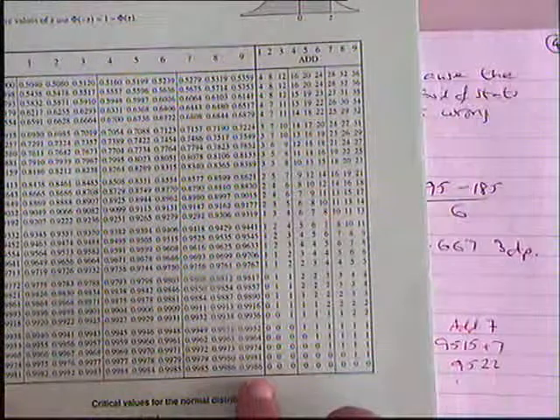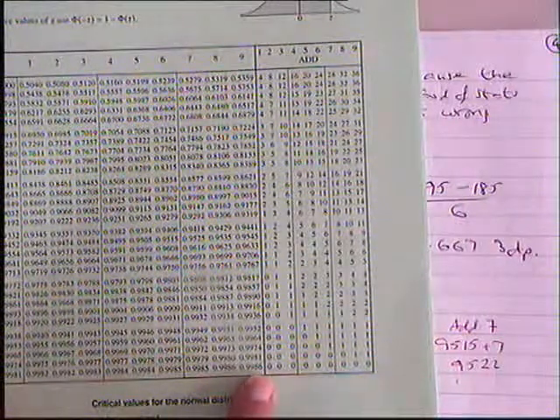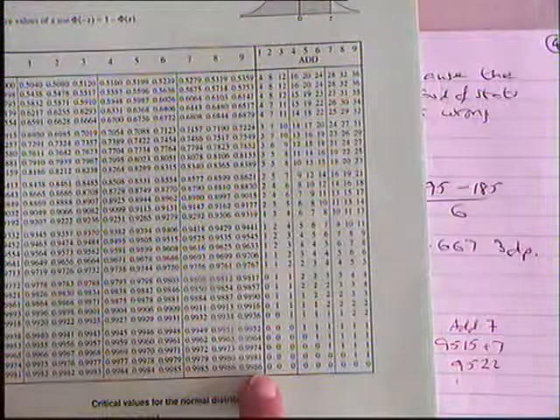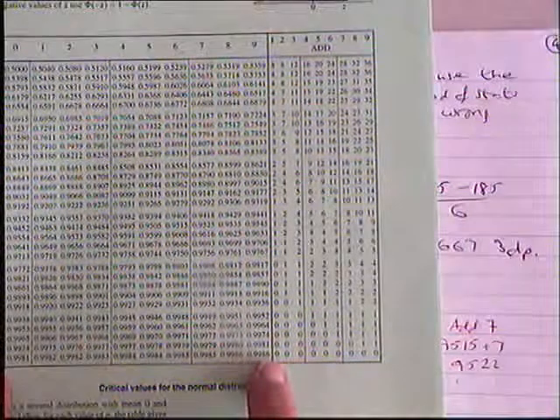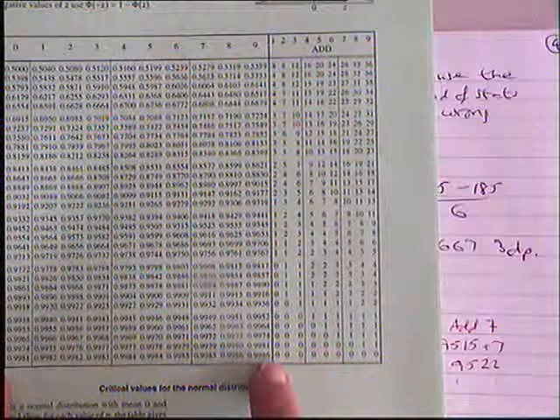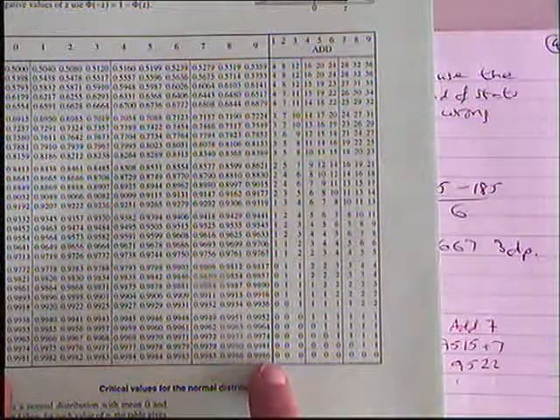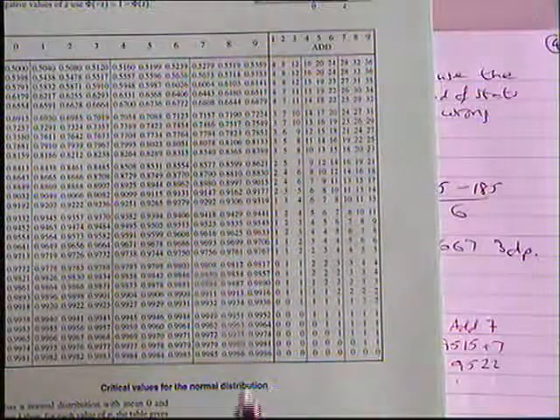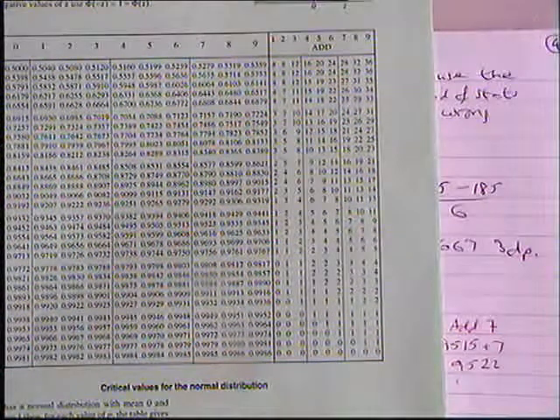Do the tables stop at 2.9, or would they go on? They effectively stop, because if you look over here, 2.99 is already taking you to 0.9986. Does this work if you're looking for the probability of less than something that's way out at the extreme sides? Well, they would have to print these tables to more than 4 decimal places.